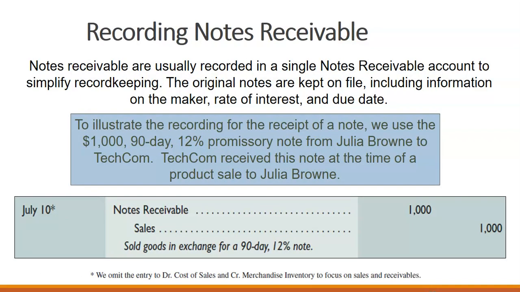Notes receivable are recorded in a single receivable account. So here we signed that note receivable on July 10th. This was in for sales, but we can have notes receivables for numerous things. So we record a notes receivable and then we have sales revenue.